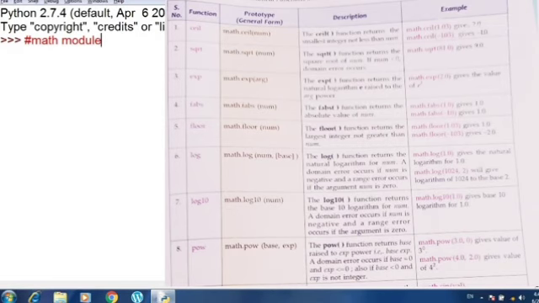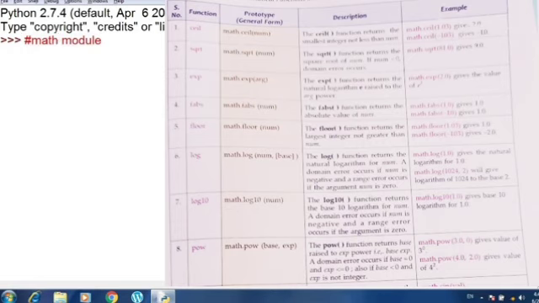To use those functions we have to import this math module into our program, and we can easily use them. We don't have to get into the coding of the functions. We can use them by importing the math module, because it is already defined in Python.